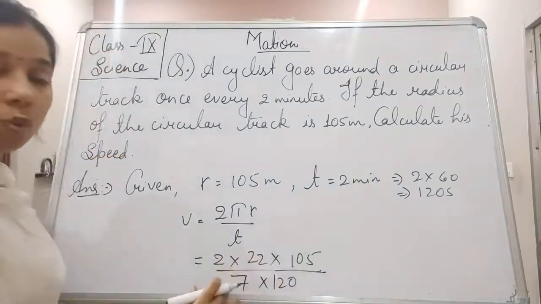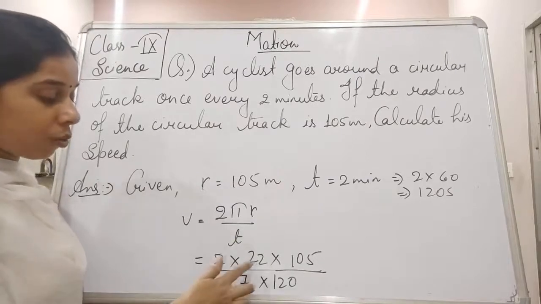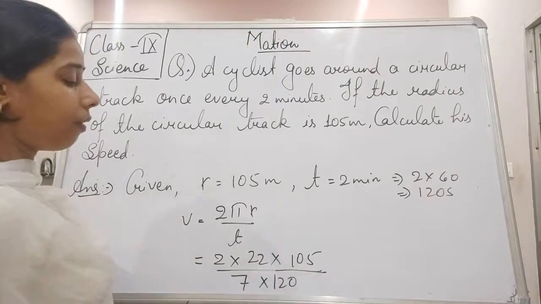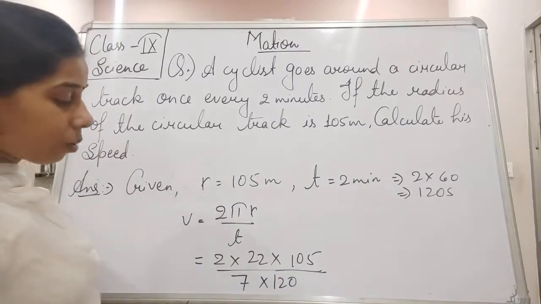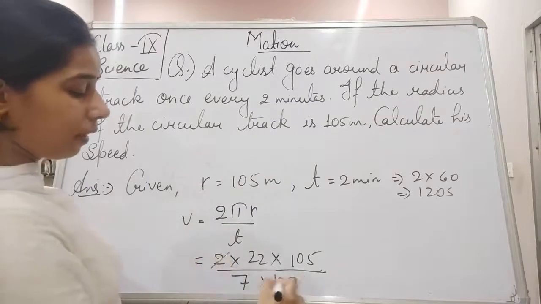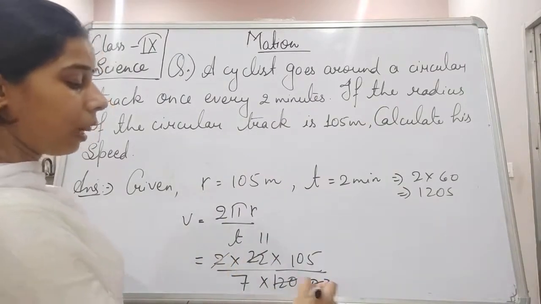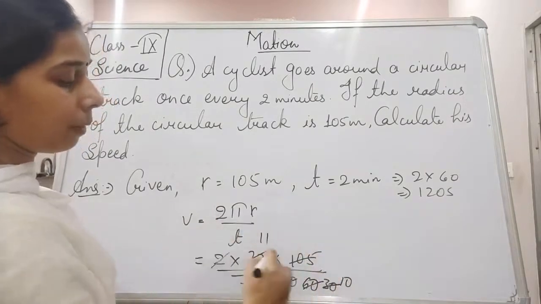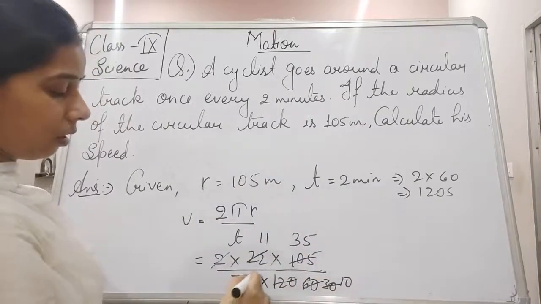Here 22 upon 7 is the value of pi, 2 is given, r is 105 and time is given, that is 120. Now we can solve it. This 2 will cancel, it will become 60, here it will become 11, it will become 30. Now this will become 10 and here it will become 35.